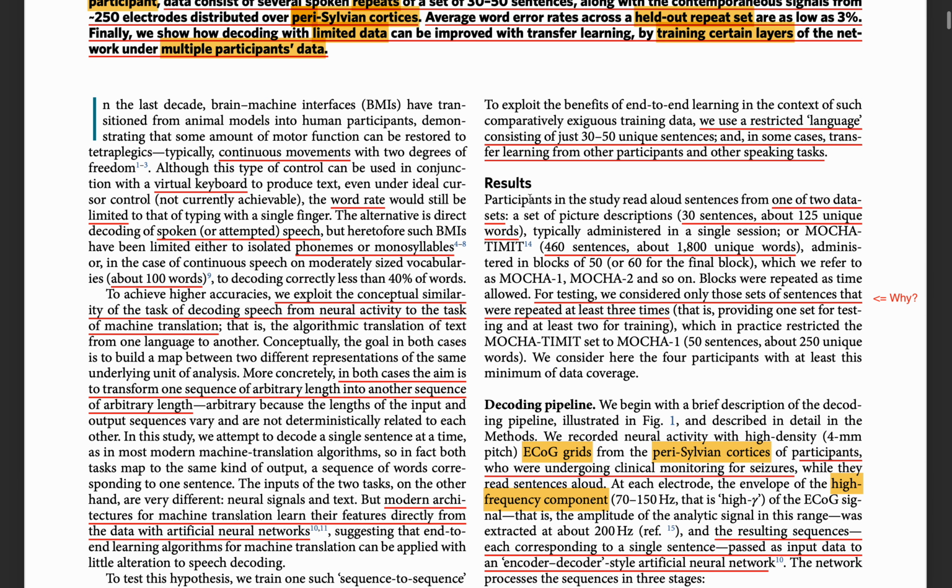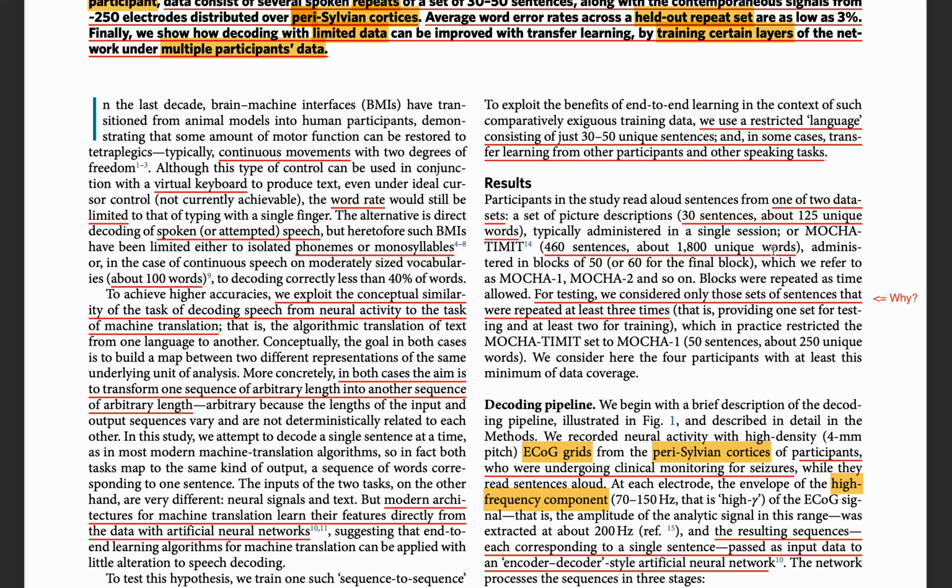In terms of results, this is what they found after conducting the experiment. The first data set had about 30 sentences and 125 total unique words compared to 100, which is a very minor increase. But the second data set had 60 sentences and 1800 unique words.